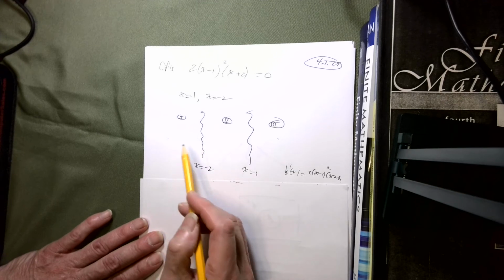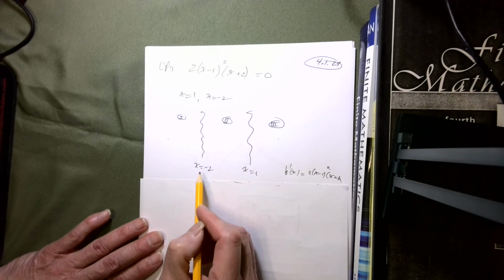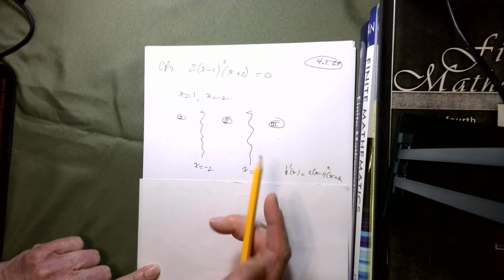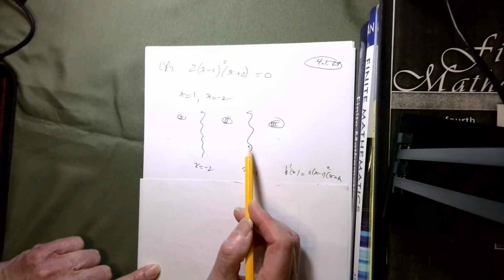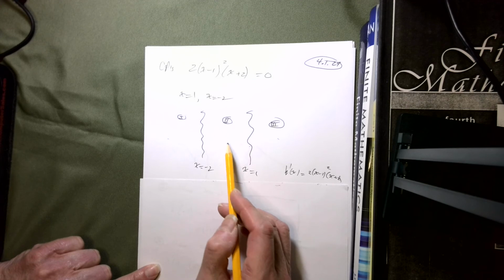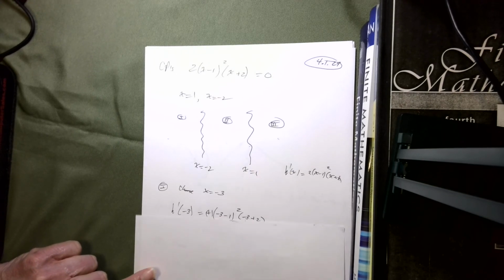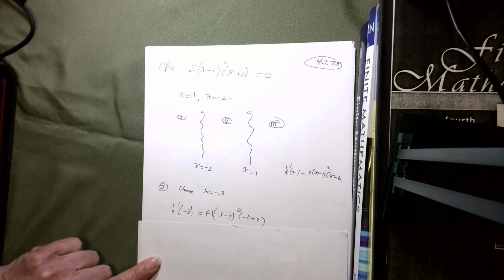I do the same thing. I pick a nice number in region 1, to the left of negative 2, which would be negative 3. I want a nice number between negative 2 and 1, how about 0? I want a nice number bigger than 1, how about 2? So if I put negative 3 into my factored form, 2 is a positive number.